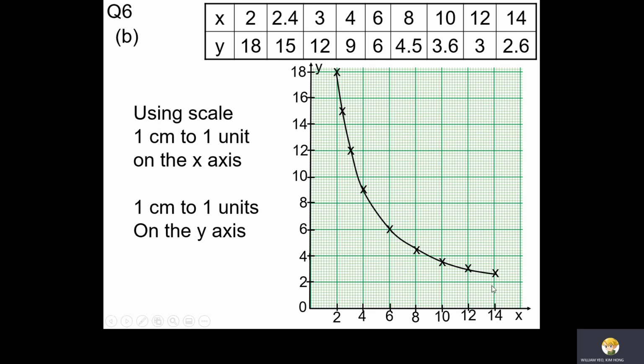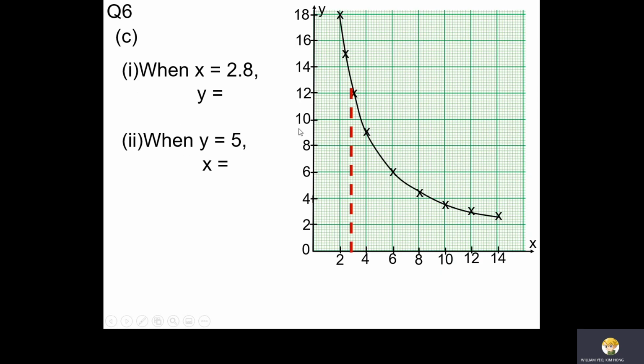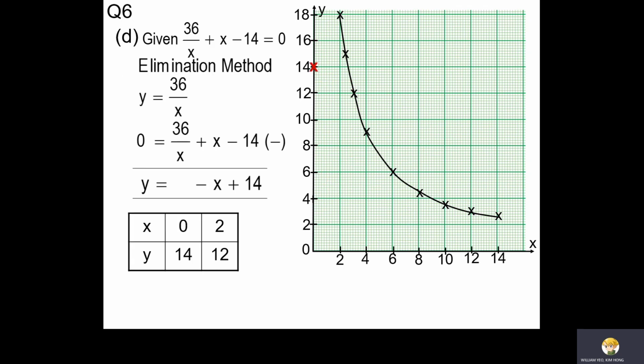If it is not smooth enough, it will affect your answer for C and D. So part B is very important. But anyhow, part A, the 2 marks, all of you must get. If you don't get the 2 marks, it's very sayang. Wasted.